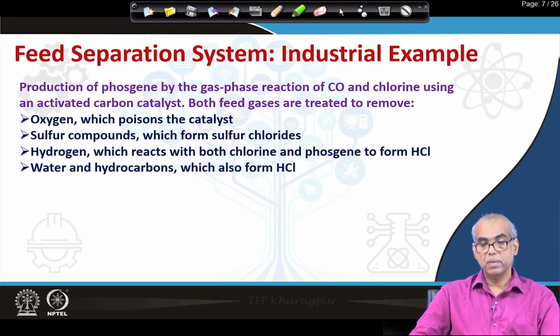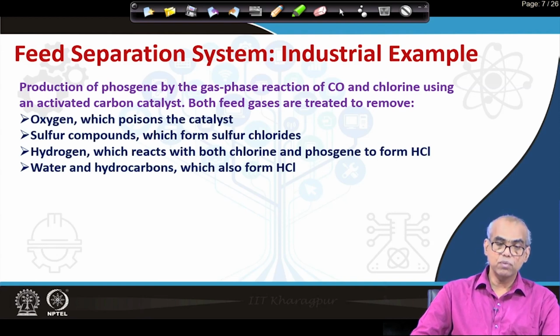Production of phosgene by the gas phase reaction of carbon monoxide and chlorine using an activated carbon catalyst. Both feed gases are treated to remove oxygen, because oxygen may poison the catalyst, to remove sulfur compounds, otherwise it will form sulfur chlorides, to remove hydrogen from the feed, otherwise hydrogen will react with chlorine and phosgene to form HCl, and to remove water and hydrocarbons, because these also form HCl.